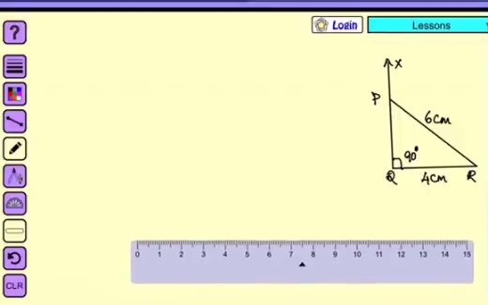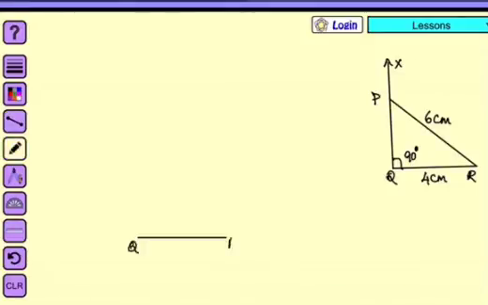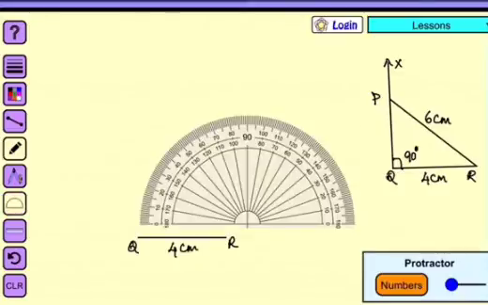So it's QR, which is equal to 4 centimeters. So we will just have, name it as QR, 4 centimeters. Now at Q we'll have to draw or construct 90 degrees, correct?